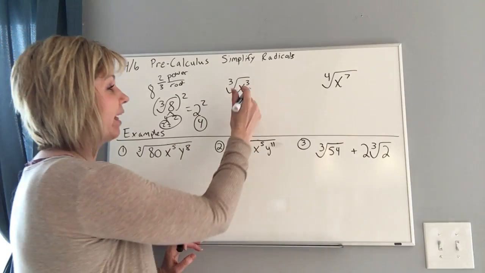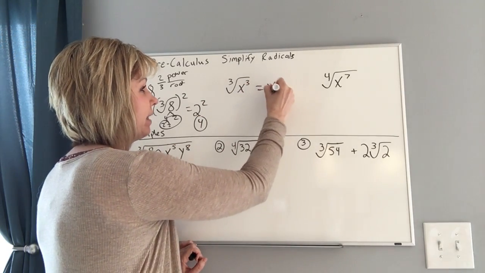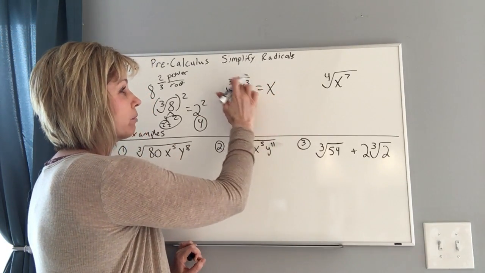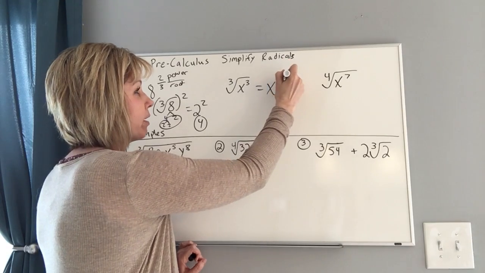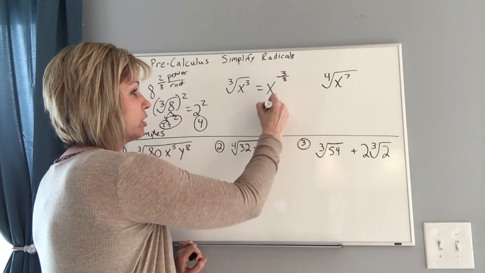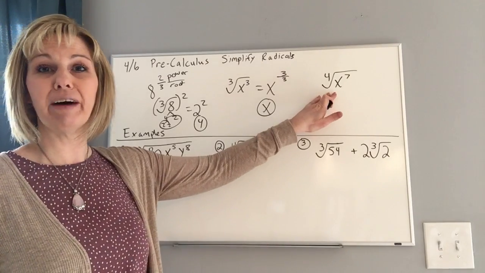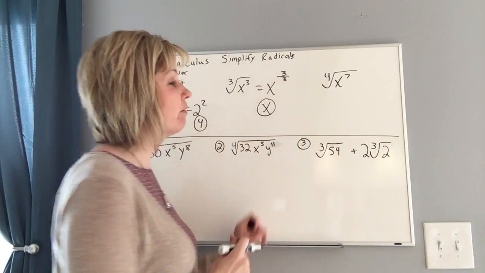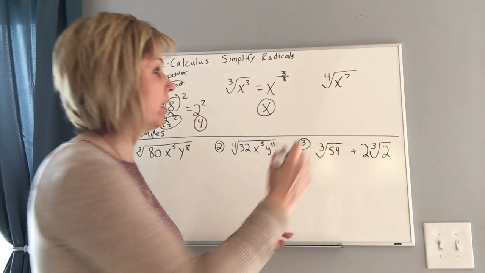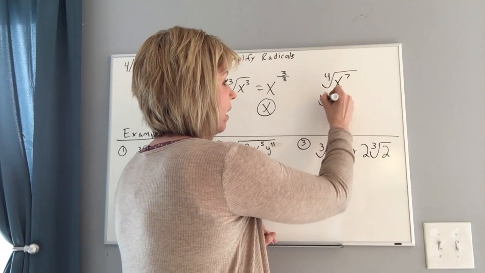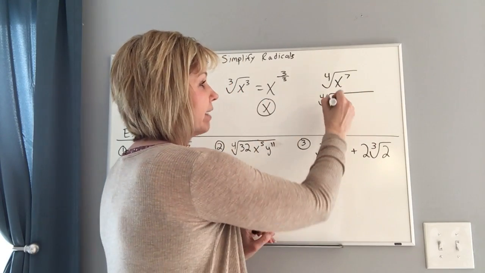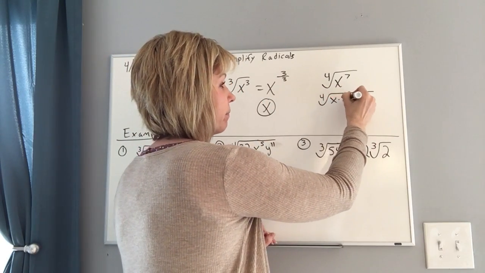So when we're looking at this, what does this mean? It means x, the power is 3 and the root is 3. So 3 over 3 is just x. When we're simplifying radicals, I'm going to give you a shortcut for the variables. What this means is we have 7 x's underneath.